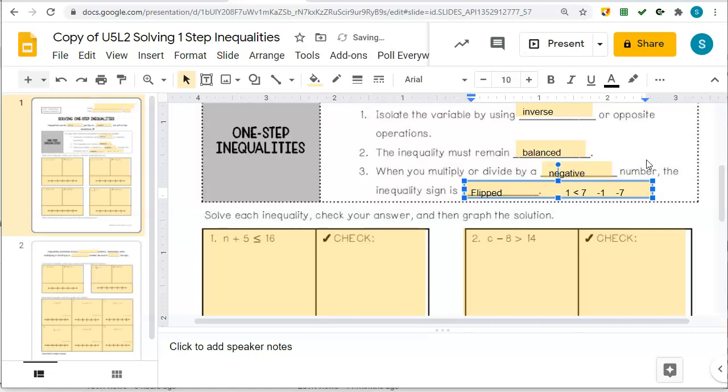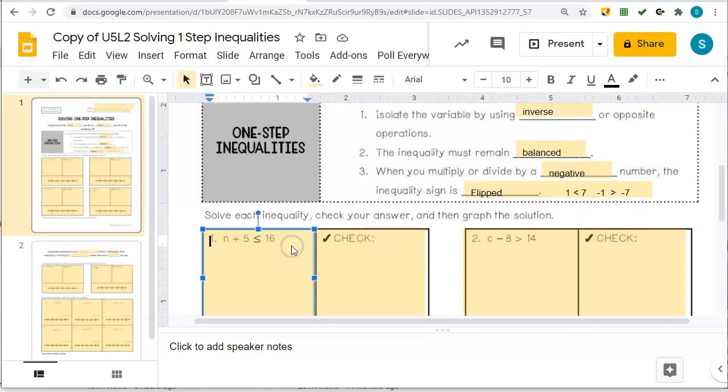Well, in this case, negative 1 is actually bigger than negative 7. So when we flip everything to its opposite, a less than becomes a greater than. So again, remember that you can always check with real numbers that you know work and see what is going to be true and use that rule.